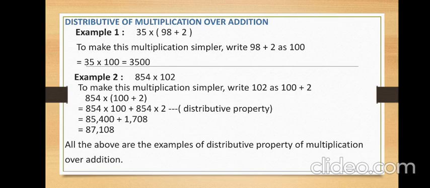See example 2. It is 894 into 102. For making 102 simple, we expand it as 100 plus 2. After multiplying with the two terms, the result is obtained. So these are the examples for distributive property of multiplication over addition.